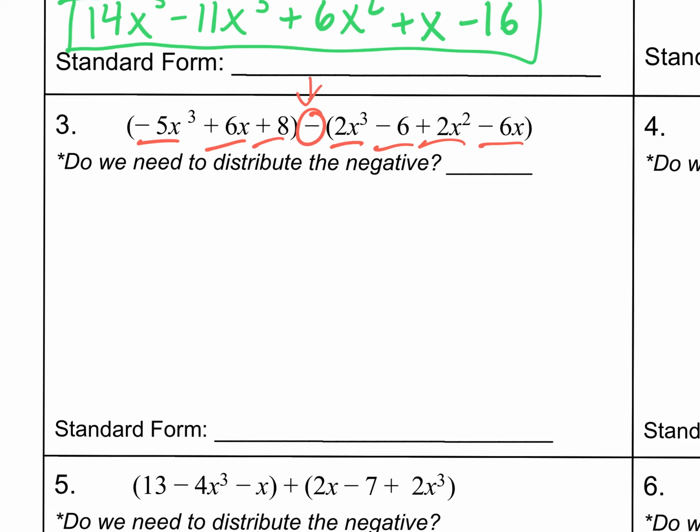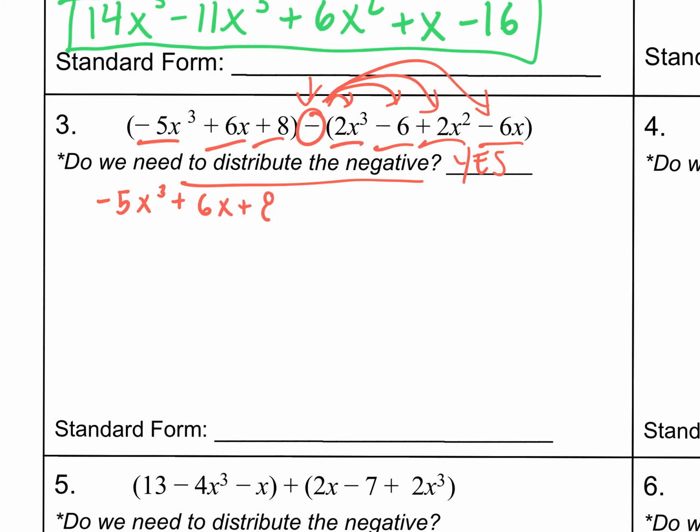When we subtract, we need to distribute the negative. So that negative we have here is now going to go to each of these 4 terms when I rewrite it without parentheses. So we're still following the same step that we did in the previous problem, where we rewrite it without parentheses. But when I write the second part here, I have to distribute the negative.